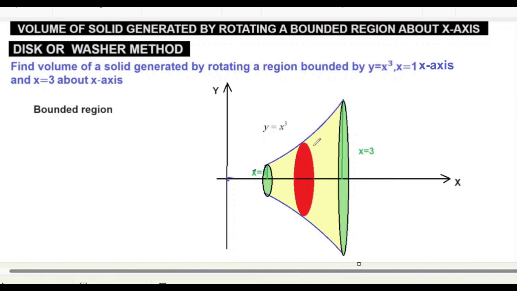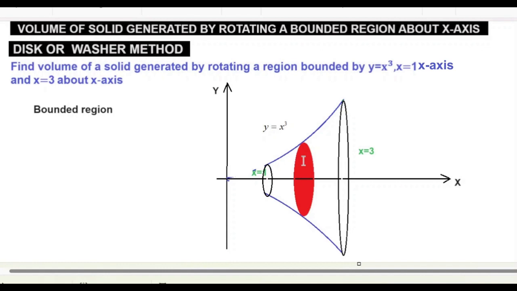So this is our cross-sectional disk, and to find the volume of the solid, first we are going to find the area of this cross-sectional disk and then integrate it to find the entire solid. For better understanding, we will eliminate the rest of the shaded part and focus mainly on our cross-sectional disk.